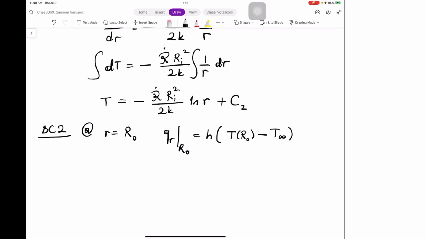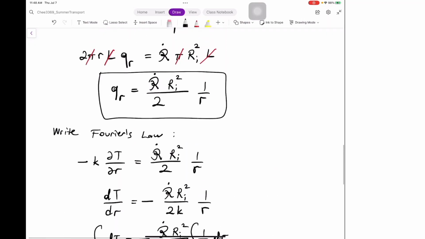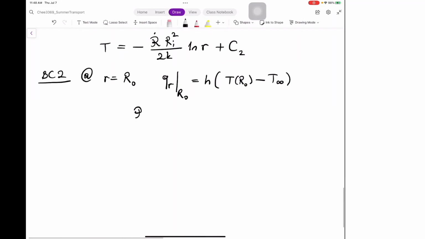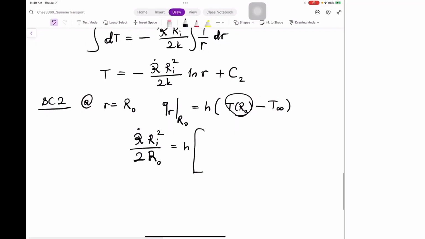And from here, we know that q_r at any r is this, so I'm just going to plug in that one. q-dot R_i squared over 2 R_o. It was r, but I need to replace it by R_o, is equal to h times the temperature evaluated at R_o.